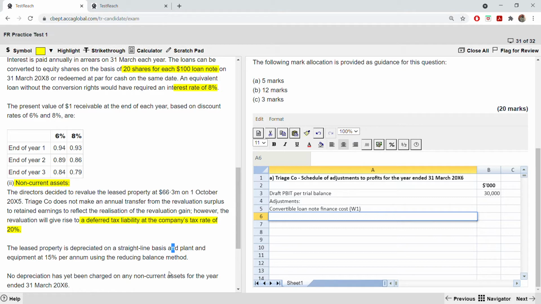The non-current asset itself we cannot take here, but the depreciation or amortization relating to non-current assets, that we can take in the P&L account. When it's a leased asset, we can take the amortization. So amortization of leased property, that's the next one.